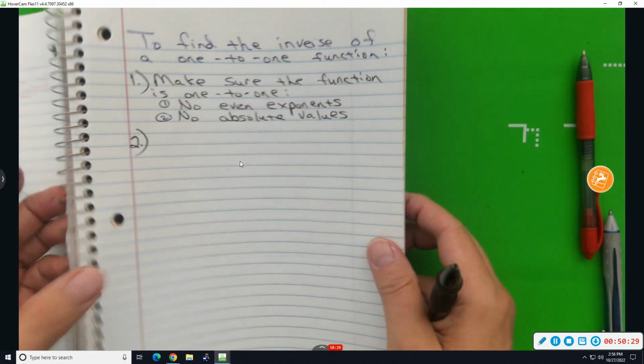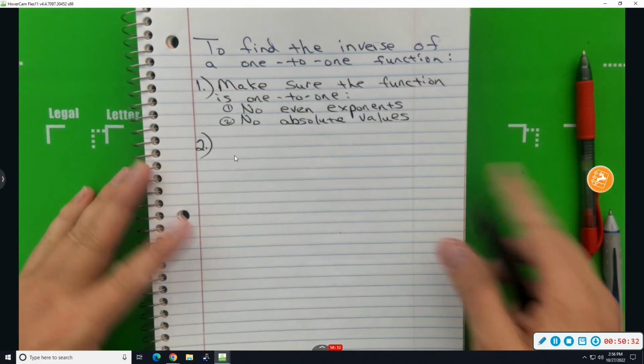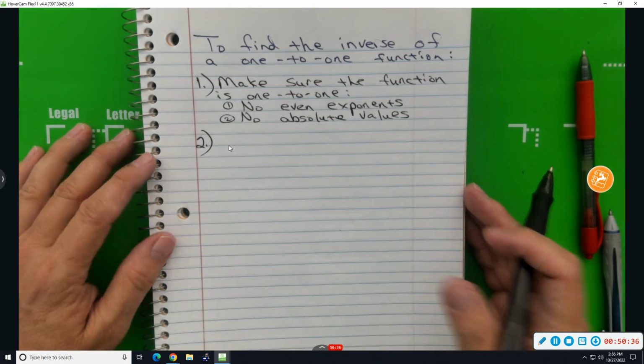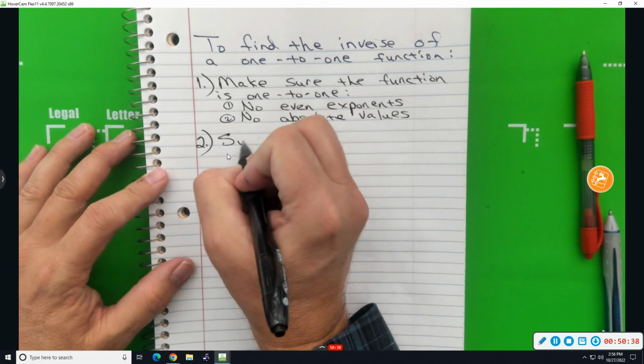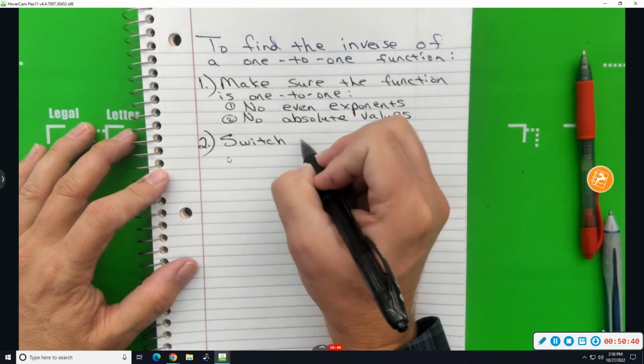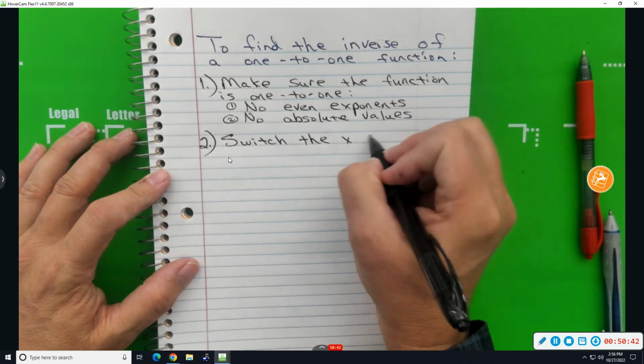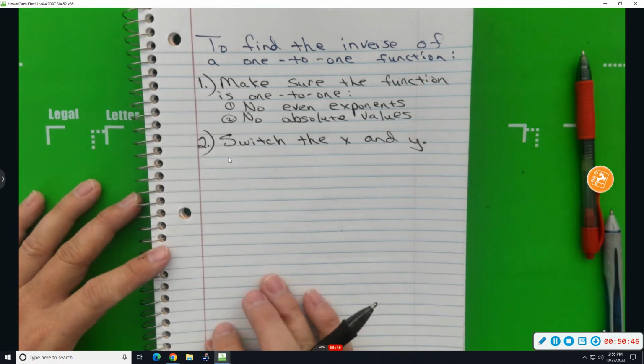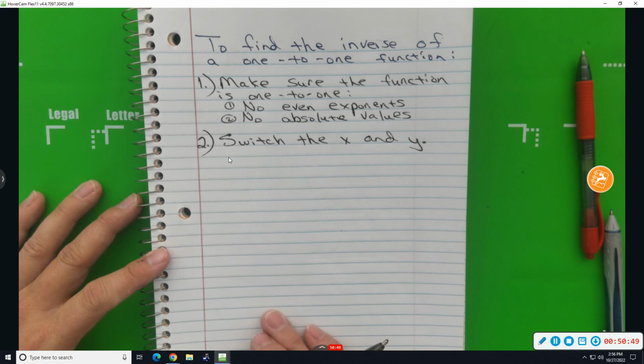Okay, so I think what I'll say is we're flipping the x and the y. Switch the x and y. Whatever's x becomes y, whatever's y becomes an x.